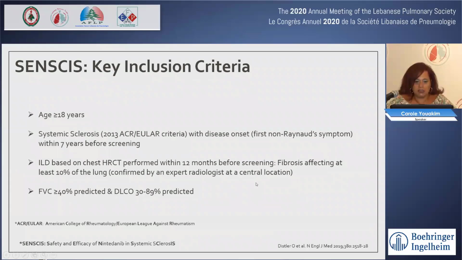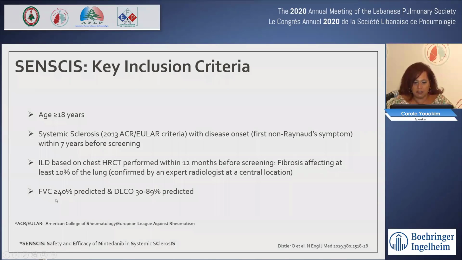Key inclusion criteria for the SENSCIS trial: patient age 18 years and above, with confirmed systemic sclerosis based on the criteria of the American College of Rheumatology and the European League Against Rheumatism, disease onset within 7 years before screening, ILD confirmed based on high resolution chest CT performed within 1 month before screening, and fibrosis affecting at least 10% of the lung.